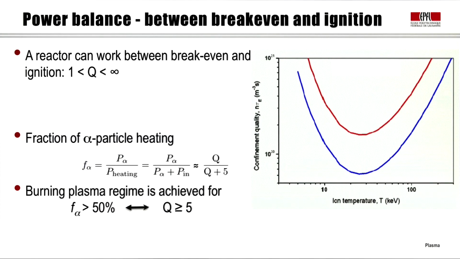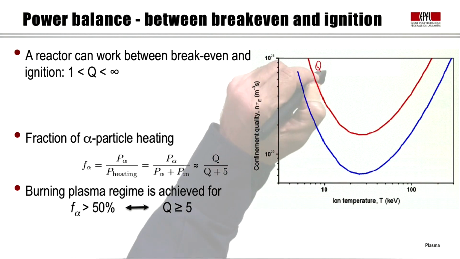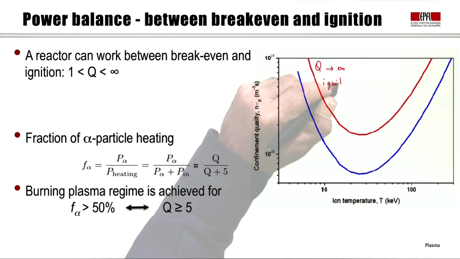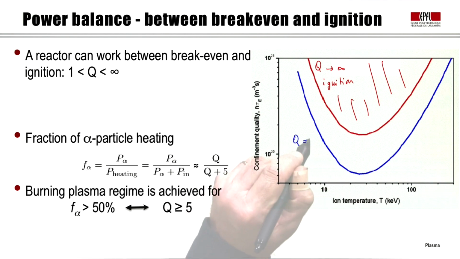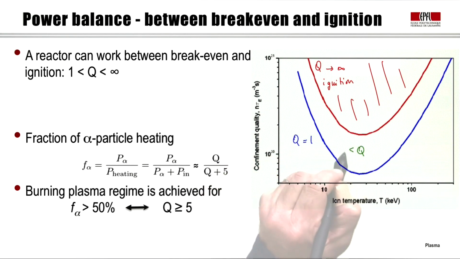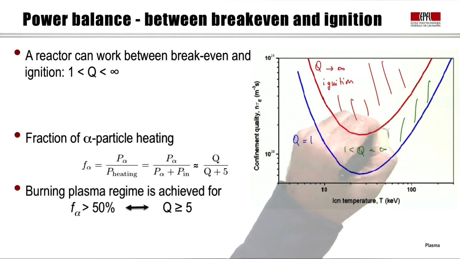In practice, a reactor can and will work between break-even and ignition, that is between 1 and infinity for the value of the fusion gain Q. So if we look at the graph here, we have two curves. The red curve corresponds to ignition. The blue curve corresponds to break-even. And the reactor will operate in between, in this green region.